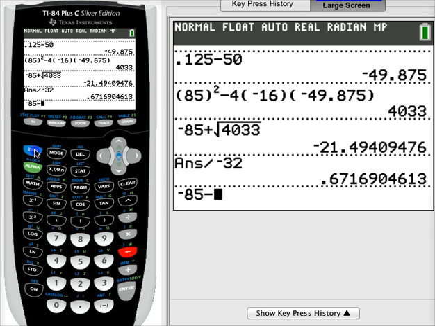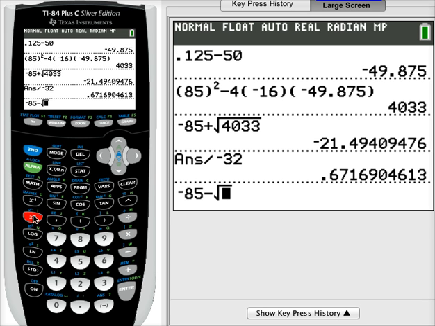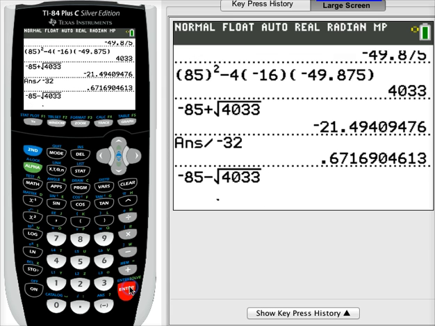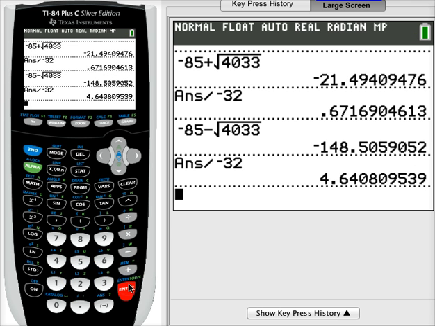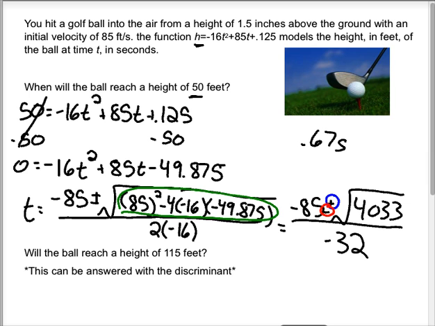Negative 85 minus square root of 4,033 divided by negative 32. And again at 4.64 seconds. So those are the 2 times that the ball will be at 50 feet in the air.